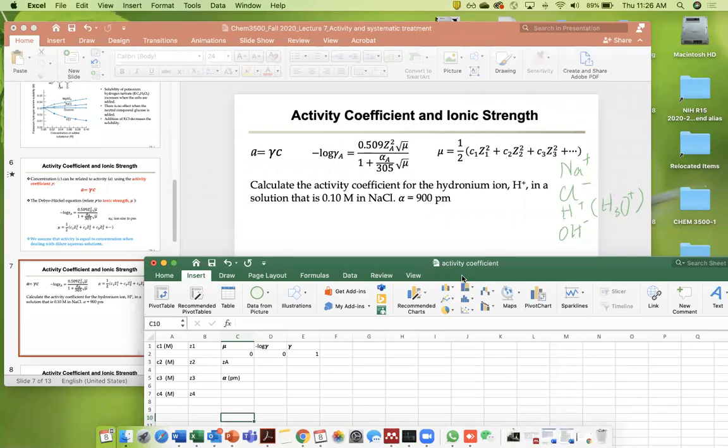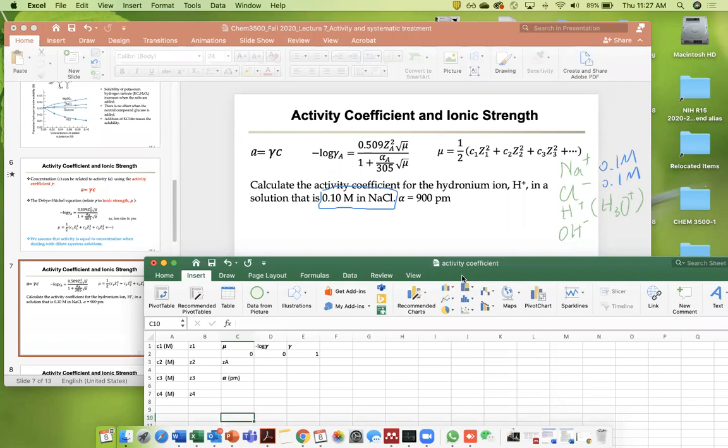Now, what is the concentration of each ion? For sodium chloride, it's given here, it's 0.1, right? So for sodium is 0.1, for chloride is also 0.1.